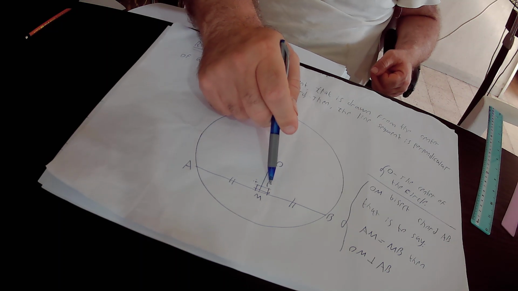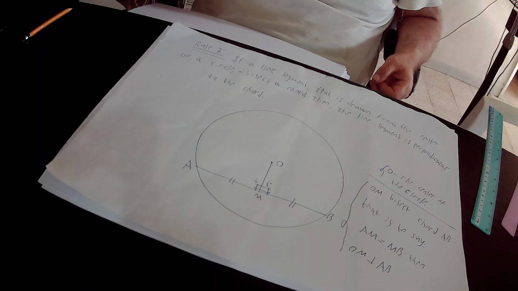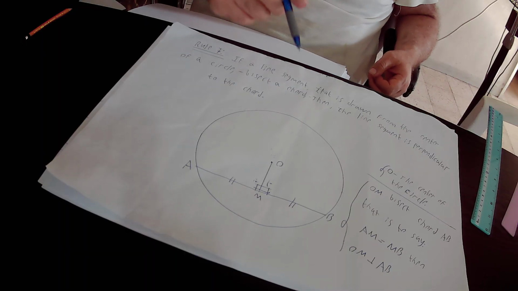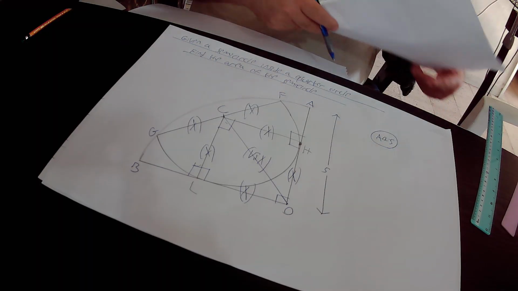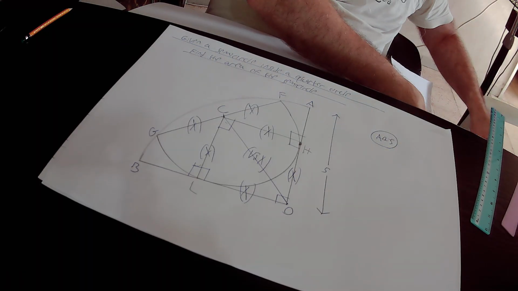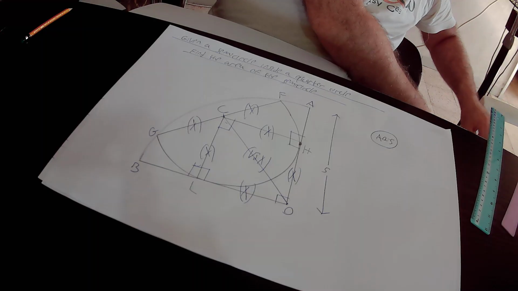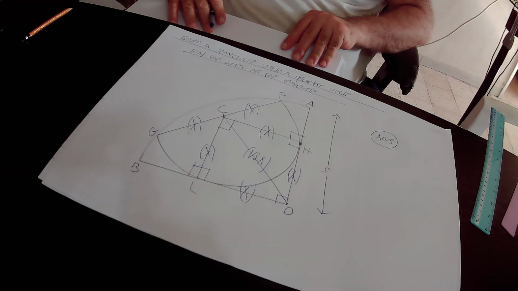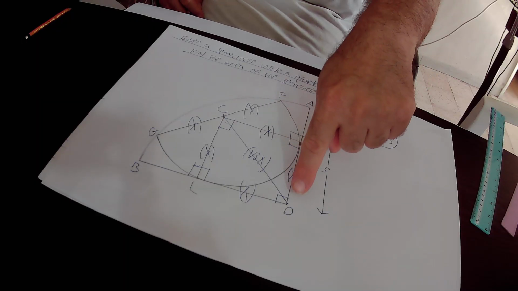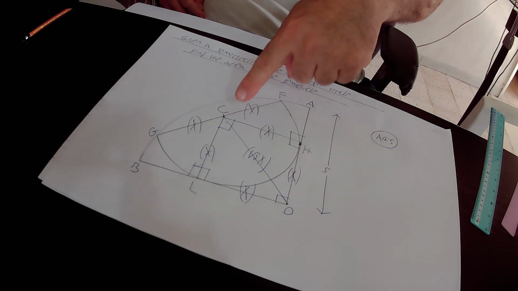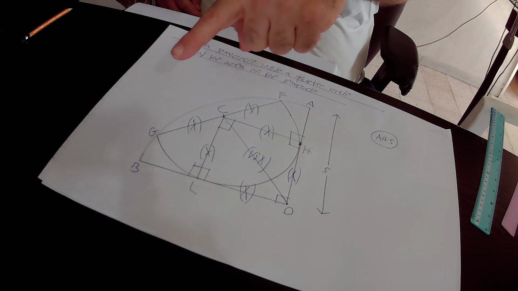So repeat again, whenever you have a line segment that is drawn from the center of the circle and bisects the chord, then that line segment will also be perpendicular to that chord. So we can implement rule 7 in our drawing. Because in our drawing, from the center of the quarter circle, that is to say from point O, we have line segment OC that bisects chord FG.